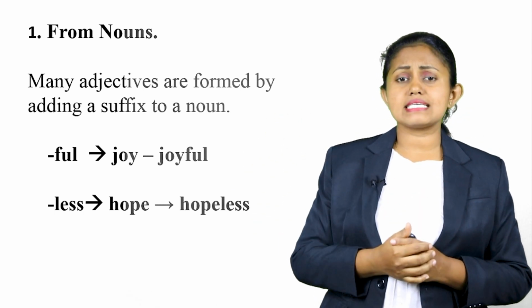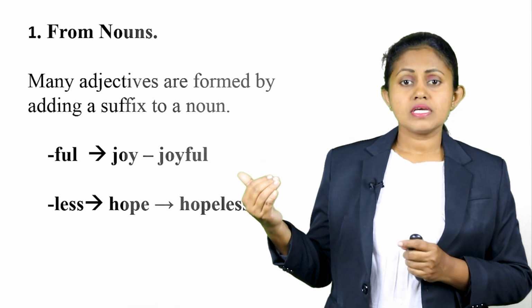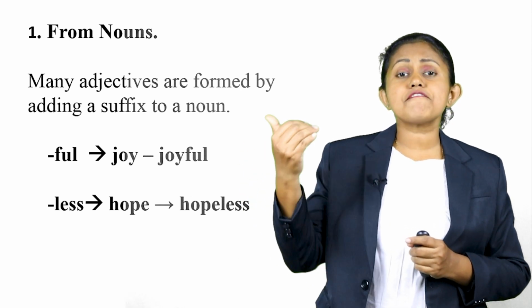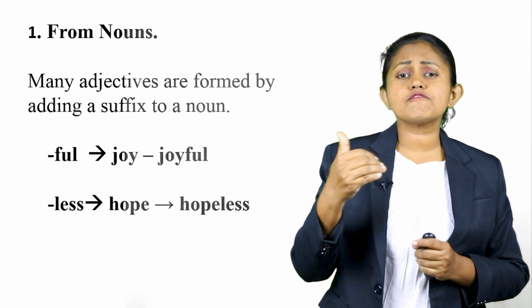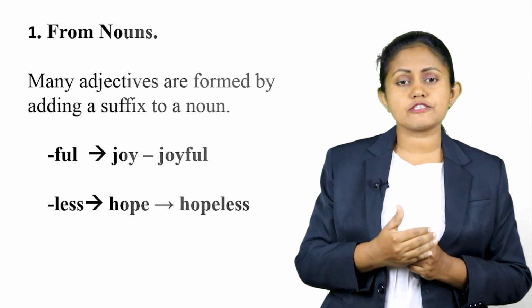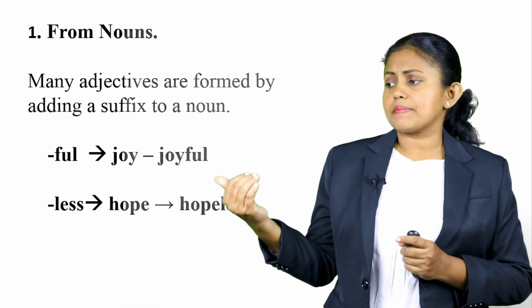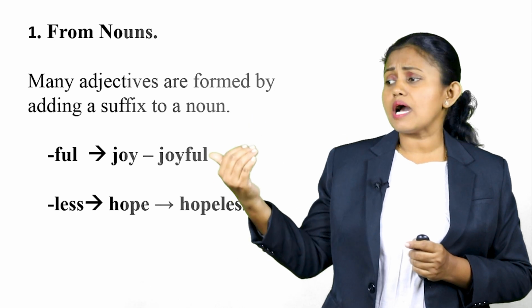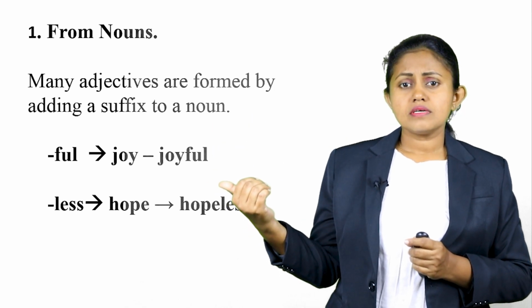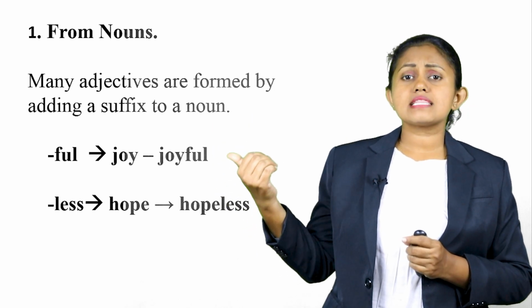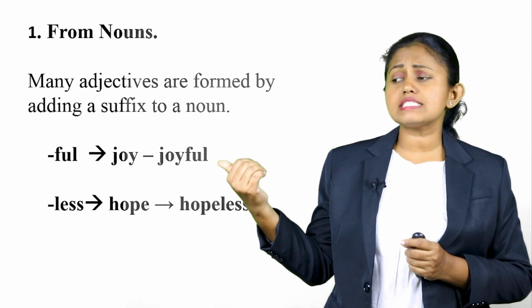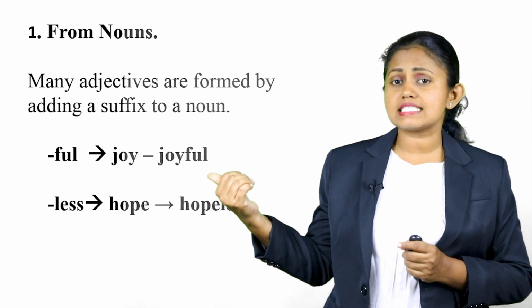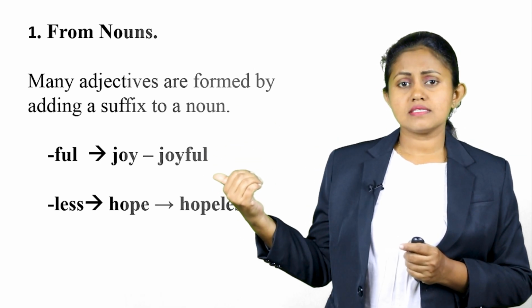Next example is less. We can add the suffix less at the end of some nouns and make adjectives. For example, the noun hope. Let's take the noun hope. We can add the suffix less at the end of this noun and make the adjective hopeless.